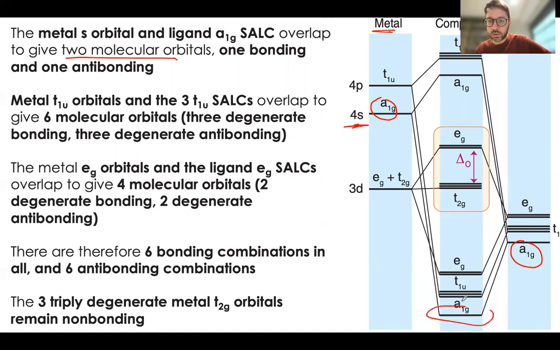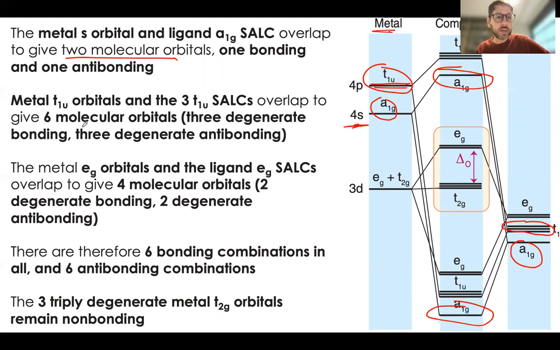One is bonding, with energy lowered relative to the orbitals making the combination, and one is anti-bonding. The same for the t1u orbitals of the metal and the ligand. So here we have 3 orbitals.